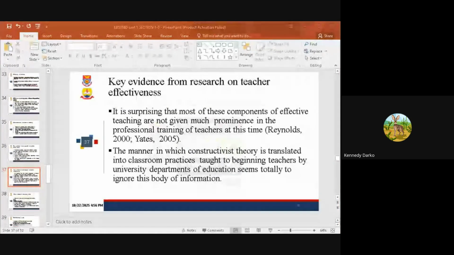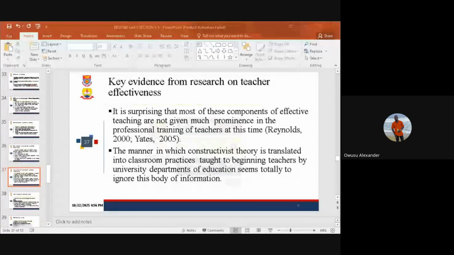Mr. Osu, please, let's hear you. Mr. Osu. Mr. Osu Alexander. All right. Okay, my question is, sir, the key evidence on research regarding teaching.